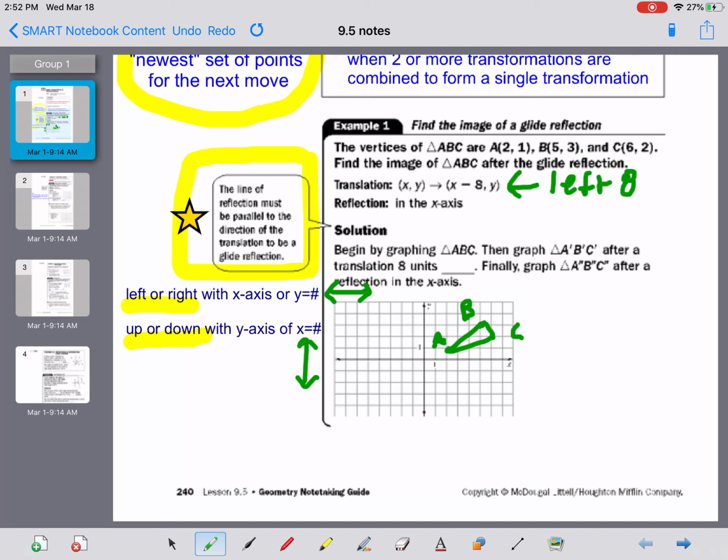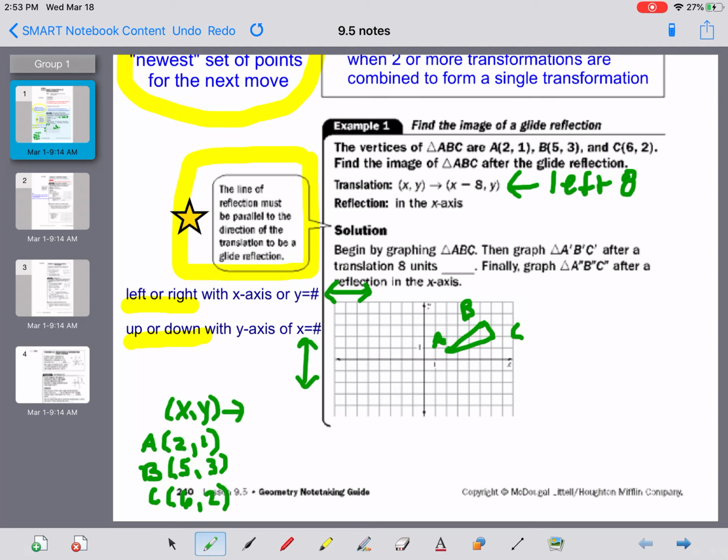So here's my original triangle. I'm going to come down here where I have a little bit more room and write all my ordered pairs out. And this is my original XY.